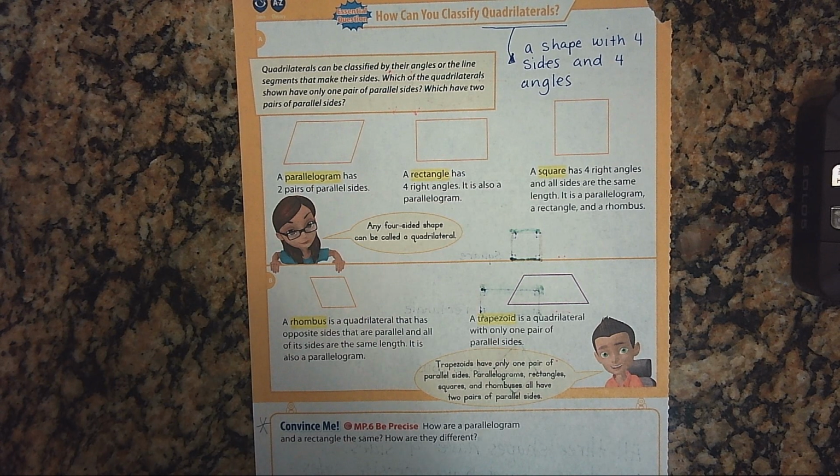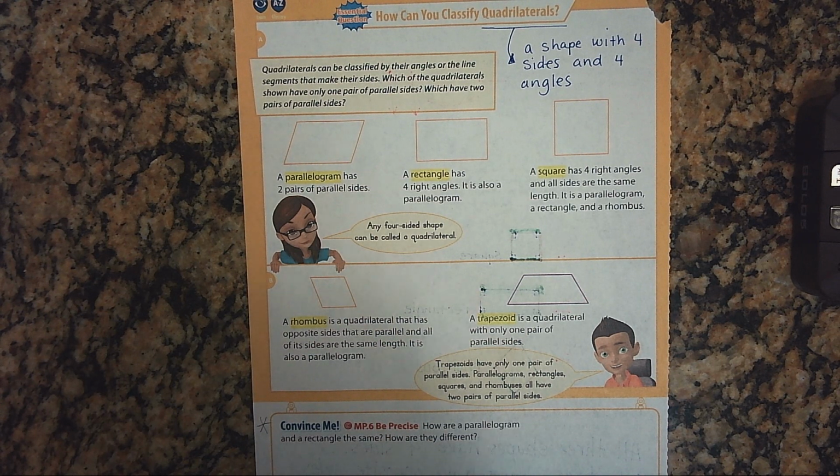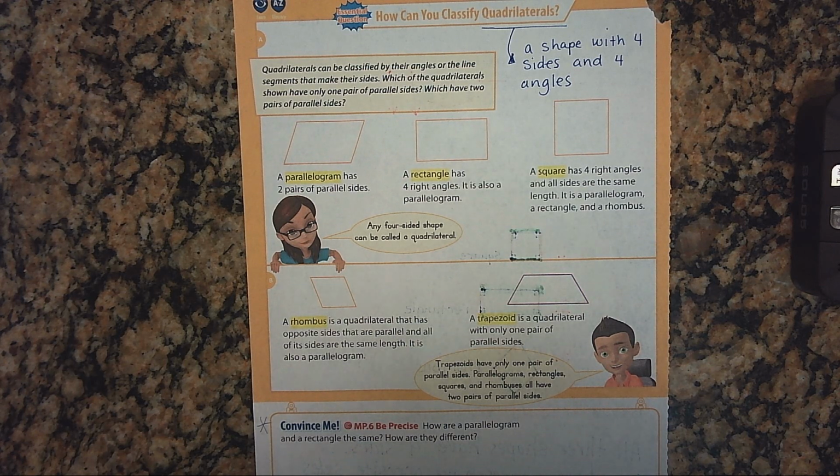It does come up in 3rd grade, but geometry is always at the end of our curriculum, so sometimes we don't spend a lot of time on it. So we might have forgotten what a quadrilateral is, but it's a shape with 4 sides and 4 angles.